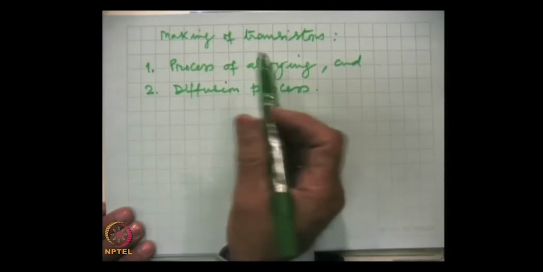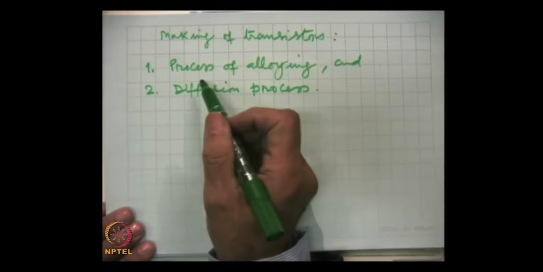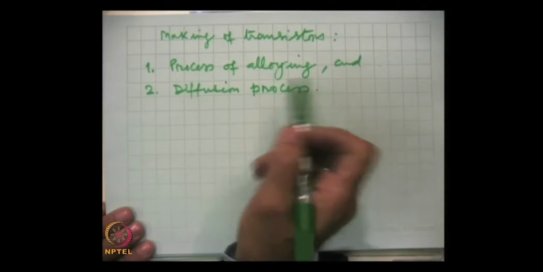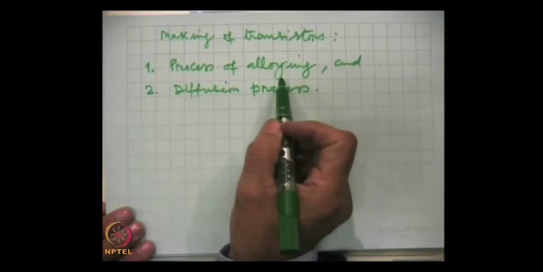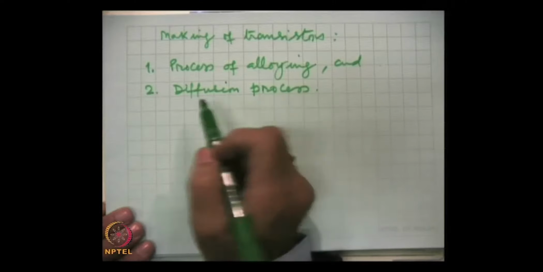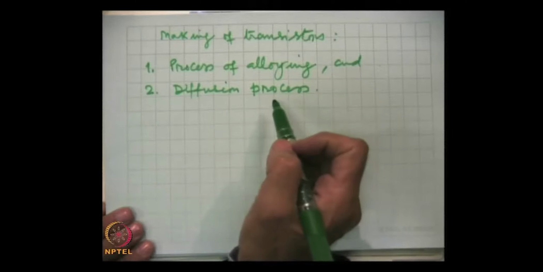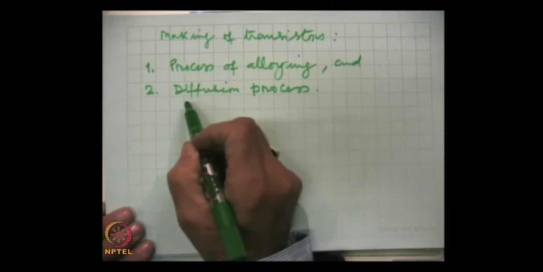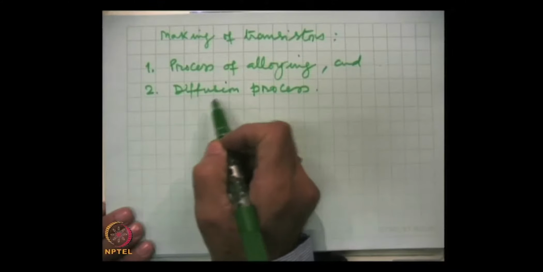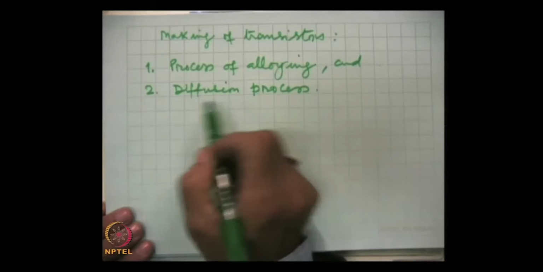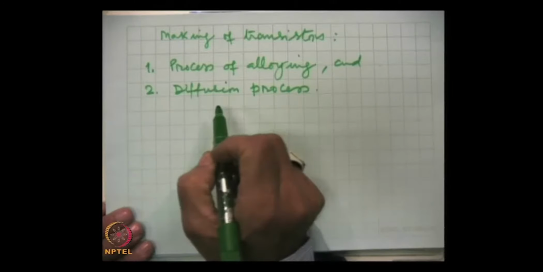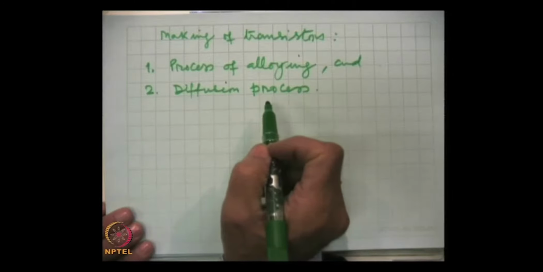In the earlier transistors, I am talking of the 50s and 60s, the process of alloying was very popular, but it has been taken over by the diffusion process, which is of course very widely used and one of the most used processes for making integrated circuits. In integrated circuits there are 2 or 3 different processes.